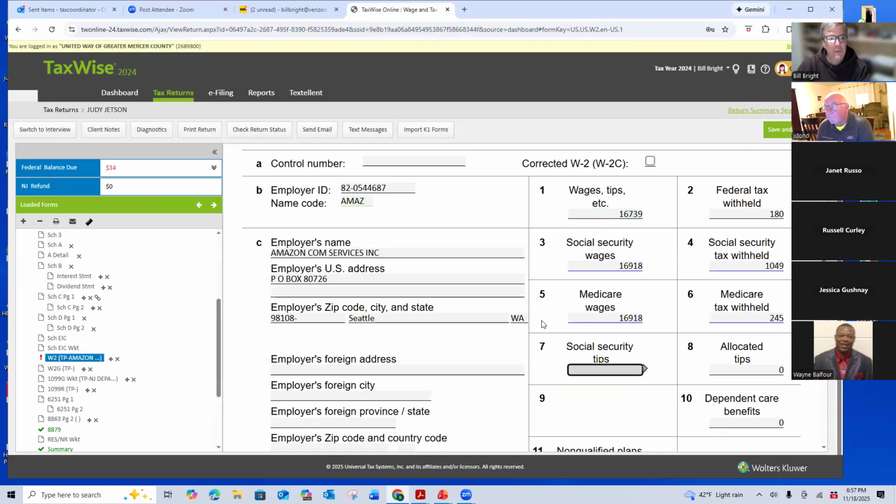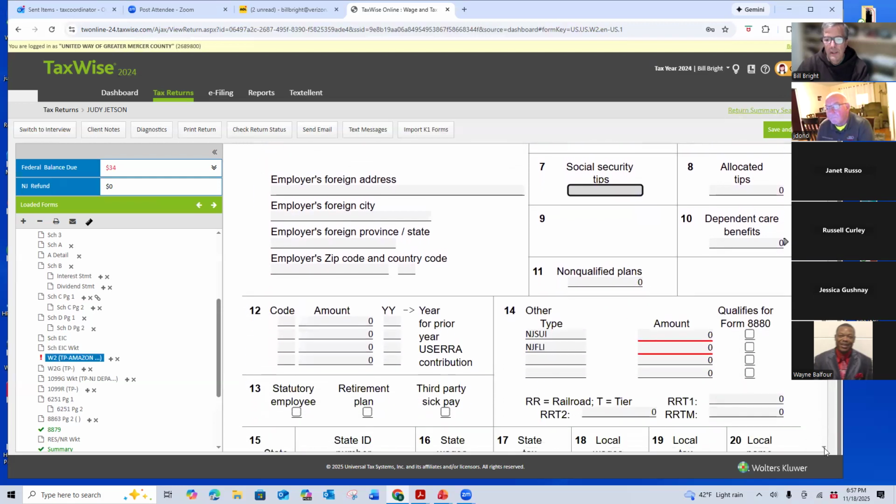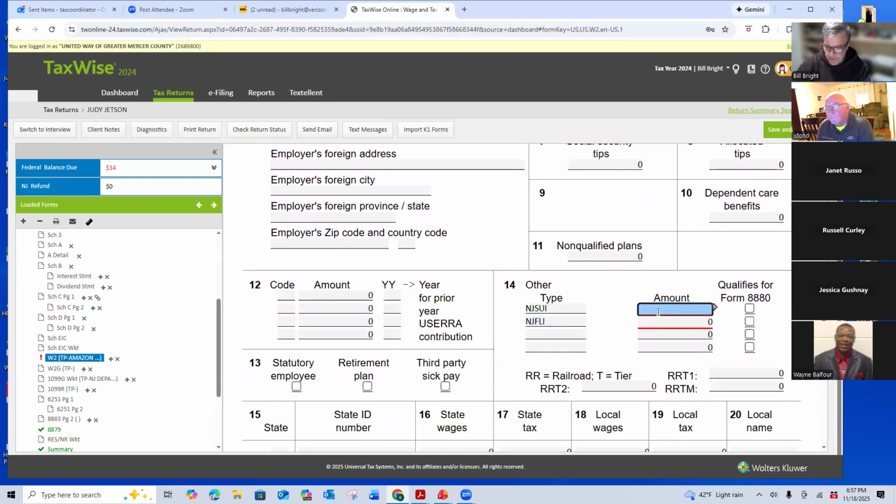Okay. Now, she's got something for family leave insurance. Okay, she's got a code C here, which is for box 14. I think she made a little contribution here and there, a D. Now you don't need to put all these in.